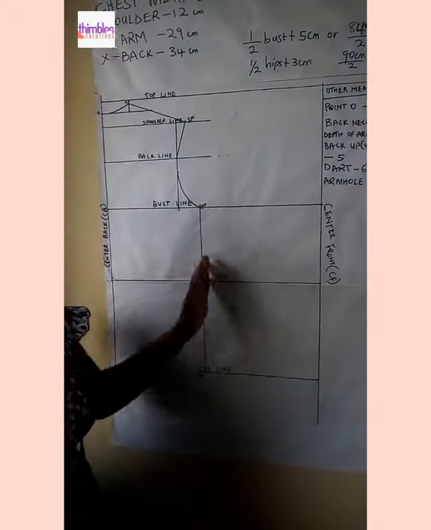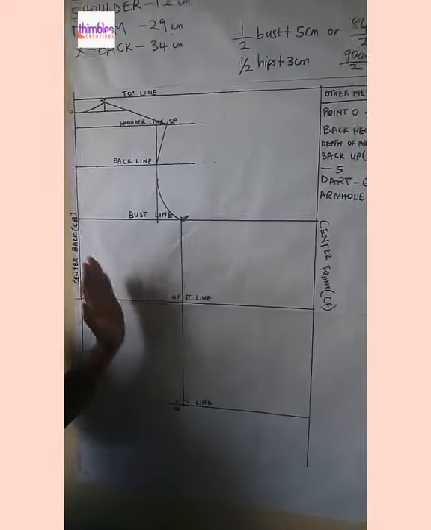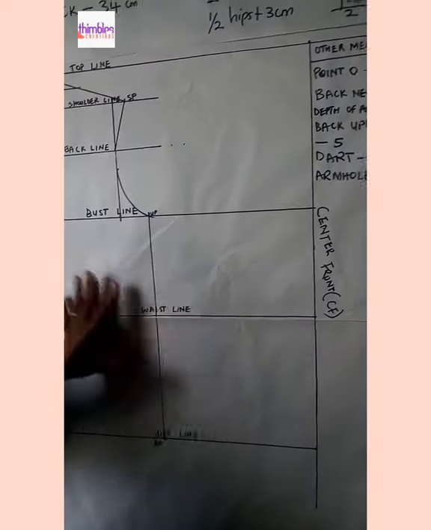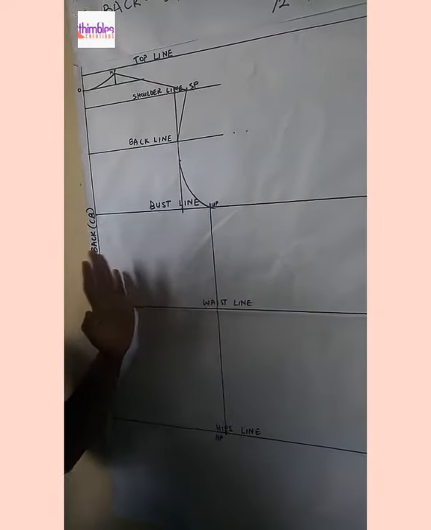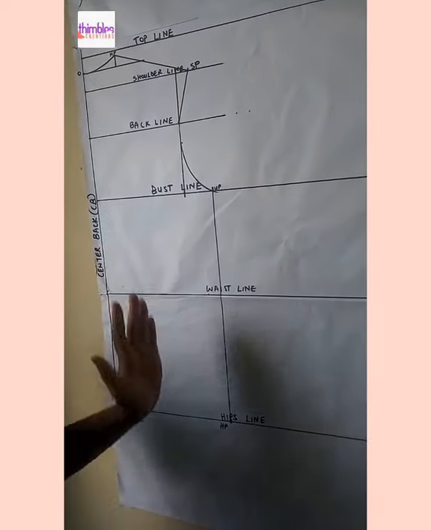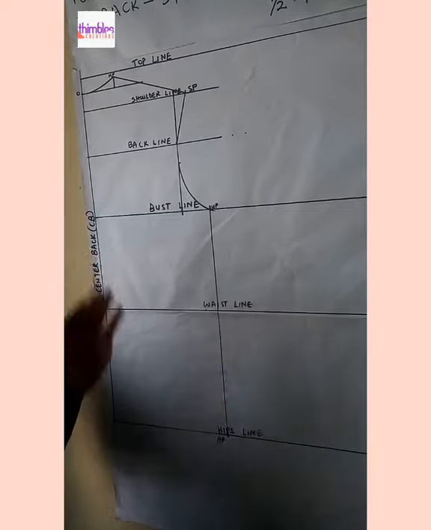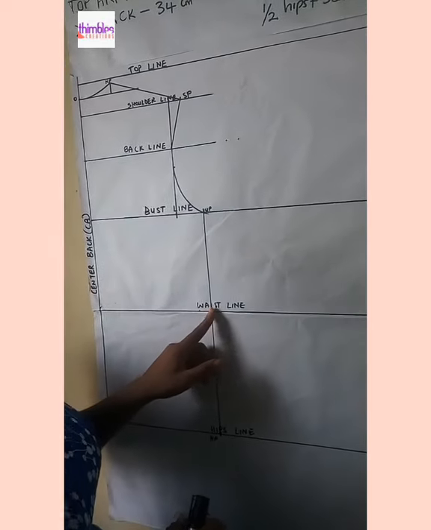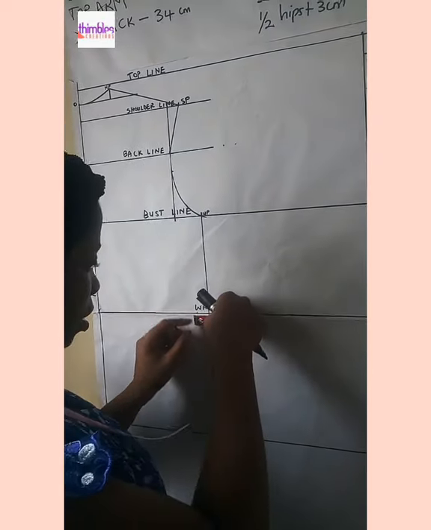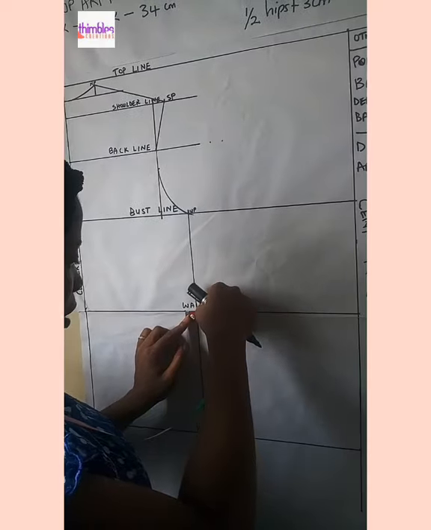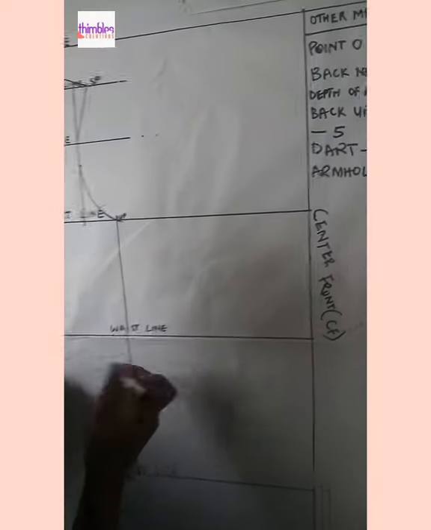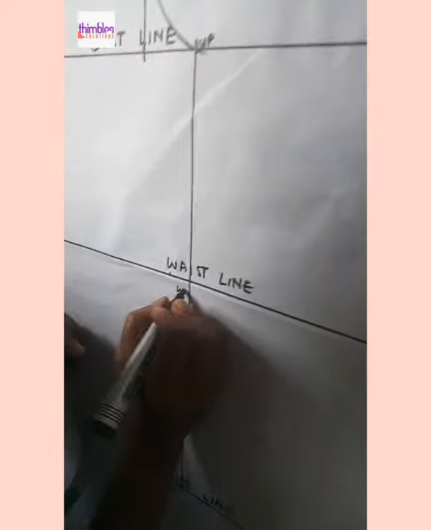Okay, so this is the outer waistline. This can go for a free dress. This is for the back, remember. If I want an inner waist shaping for a more fitting cloth, I'll take 2 centimeters in from this point. Remember, this is our waist point, WP.